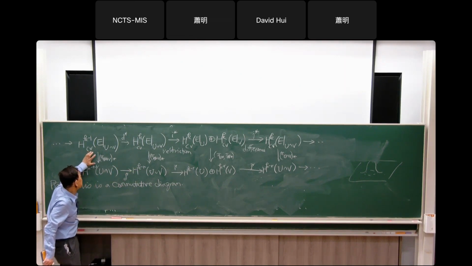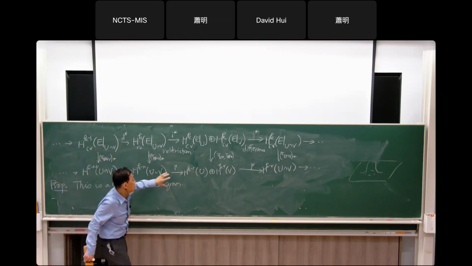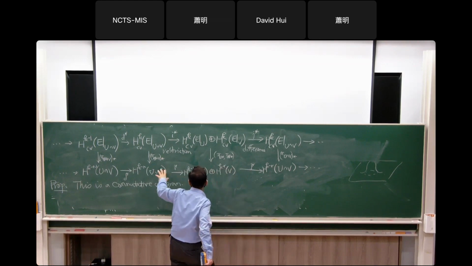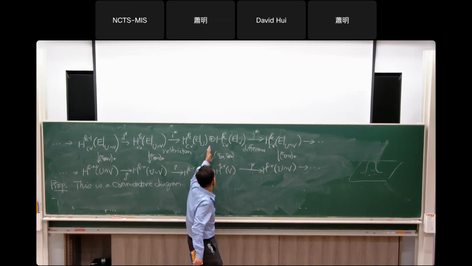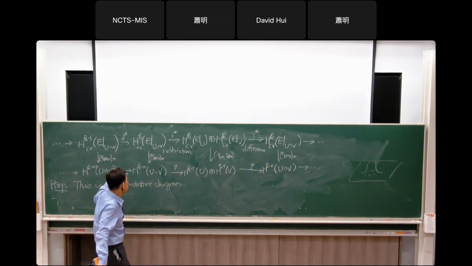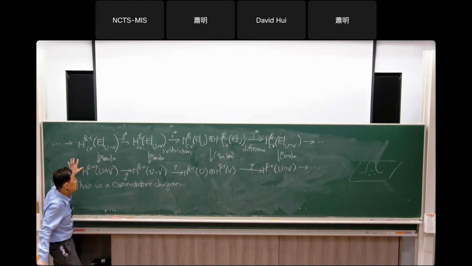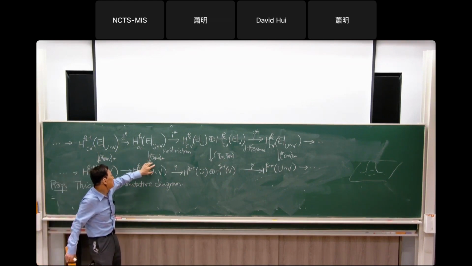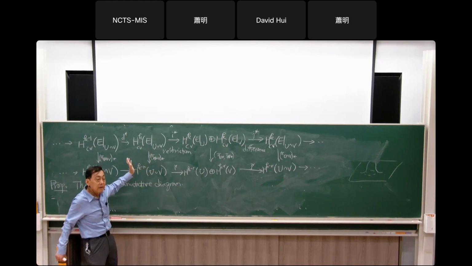If you have the Thom isomorphism for the intersection and for U and V, then you will have this being an isomorphism, this being an isomorphism, so you have isomorphisms on both sides of the union, right?